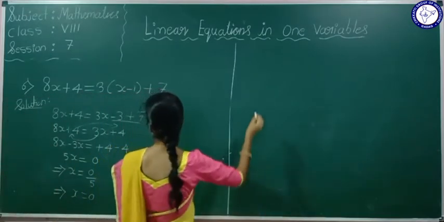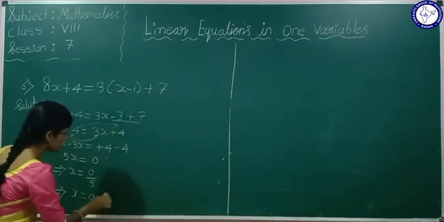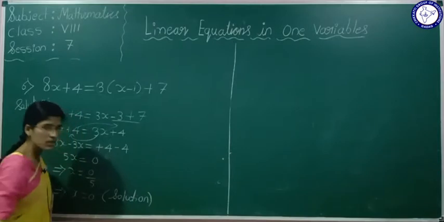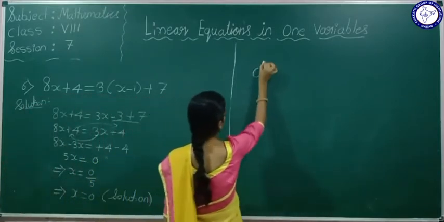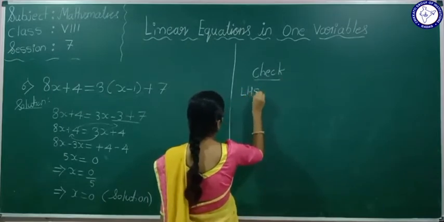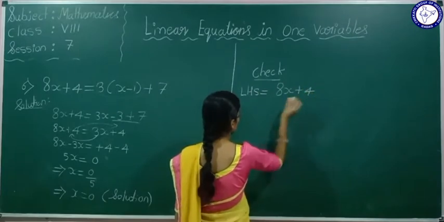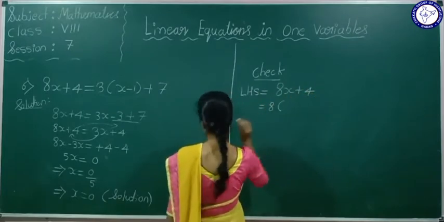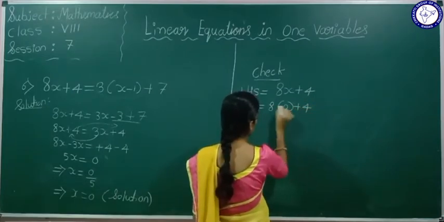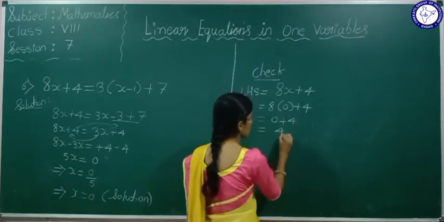Now see, we got x is equal to 0. This is the solution of the given equation. Now check it. Check LHS. What is LHS? 8x plus 4. So what is the x value? It is 0 plus 4. 8 zeros are 0. 0 plus 4 is what? 4.